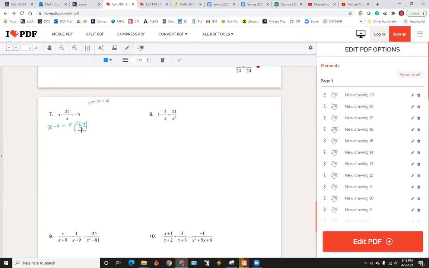All right. And then this is negative 5 times x. See, these x's come out, and that's just 1. So x squared minus 24 is equal to, wait a second.